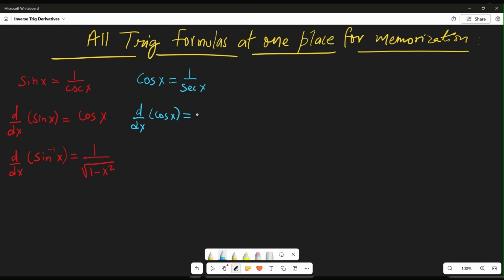The derivative of sine x is cosine x, and the derivative of cosine x is negative of sine x.